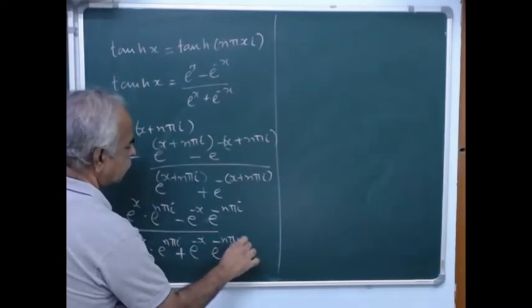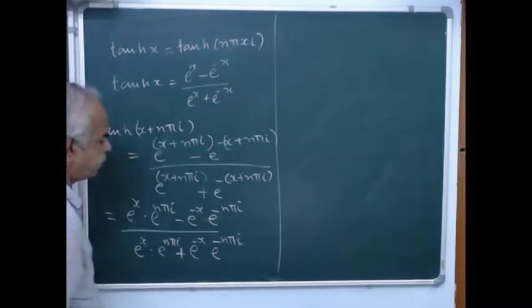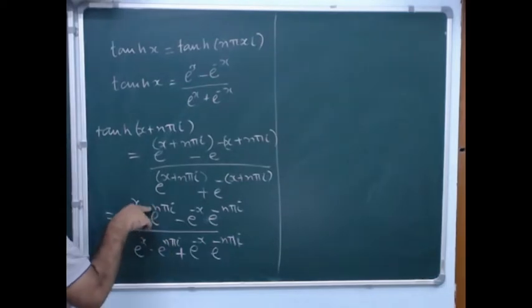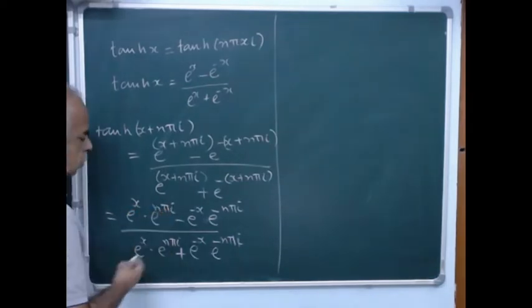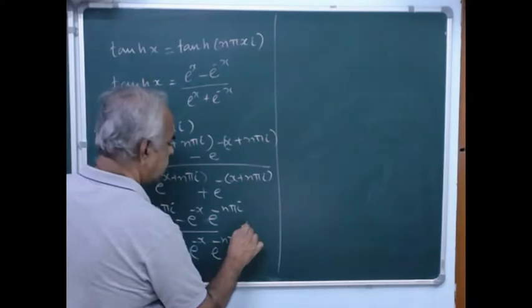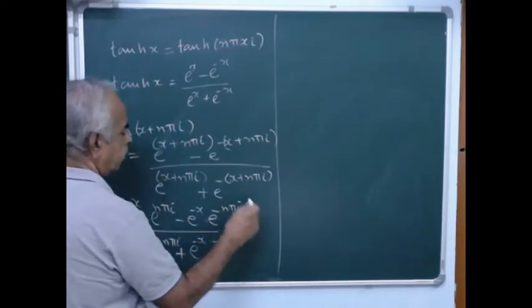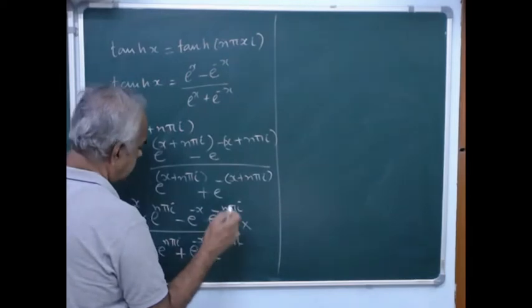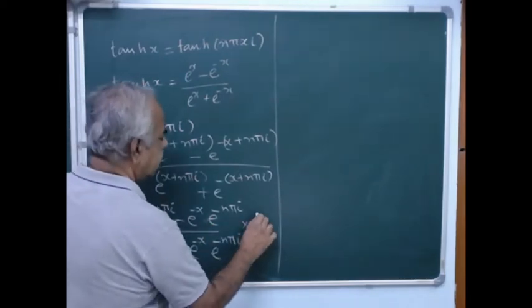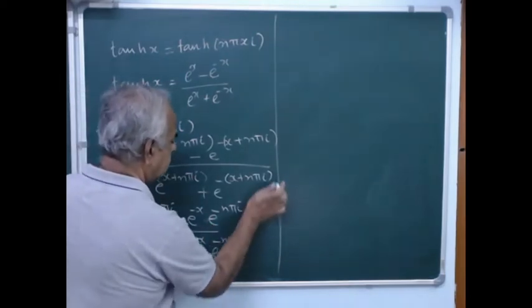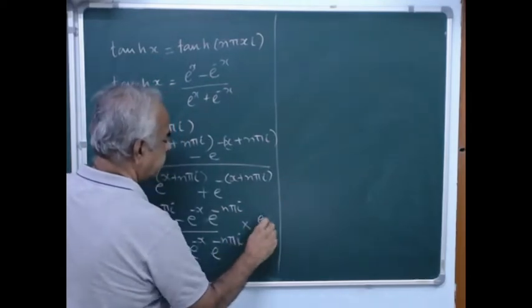Our objective is to eliminate this second term, okay. We already know e power 2n pi i is equal to 1. So in that case you can multiply the numerator as well as denominator by e power n pi i.